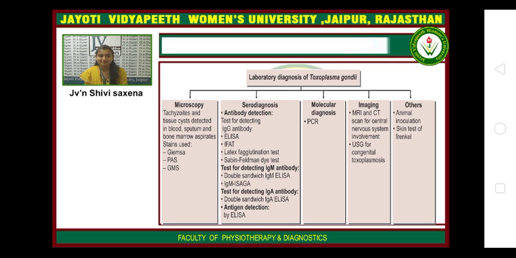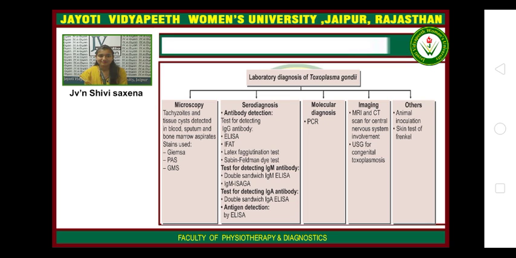Serodiagnosis, antibody detection. Firstly, tests for detecting IgG antibody: ELISA, IFAT, latex agglutination test, and Sabin-Feldman dye test. Second, tests for detecting IgM antibody: double sandwich IgM ELISA and IgM ISAGA; and tests for detecting IgA antibody: double sandwich IgA ELISA; and antigen detection by ELISA.